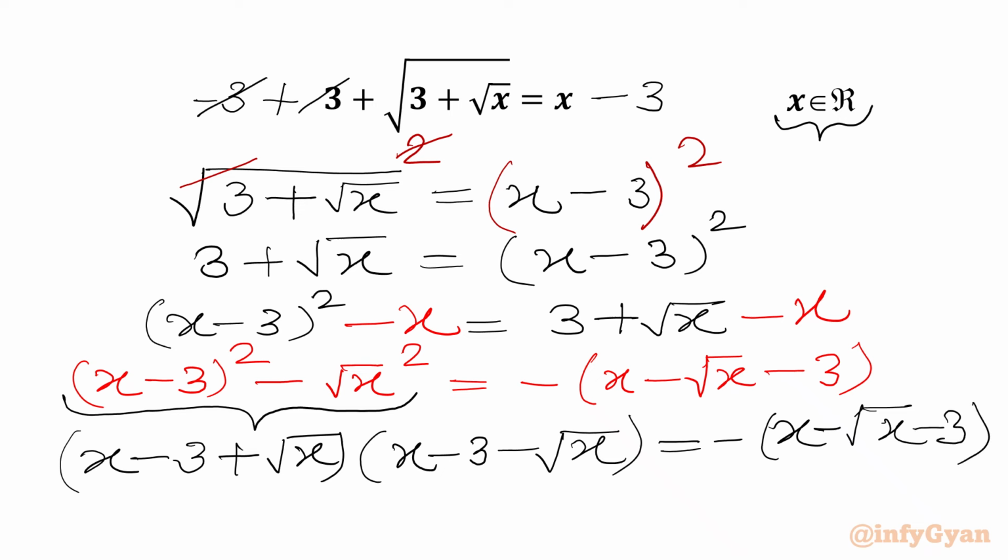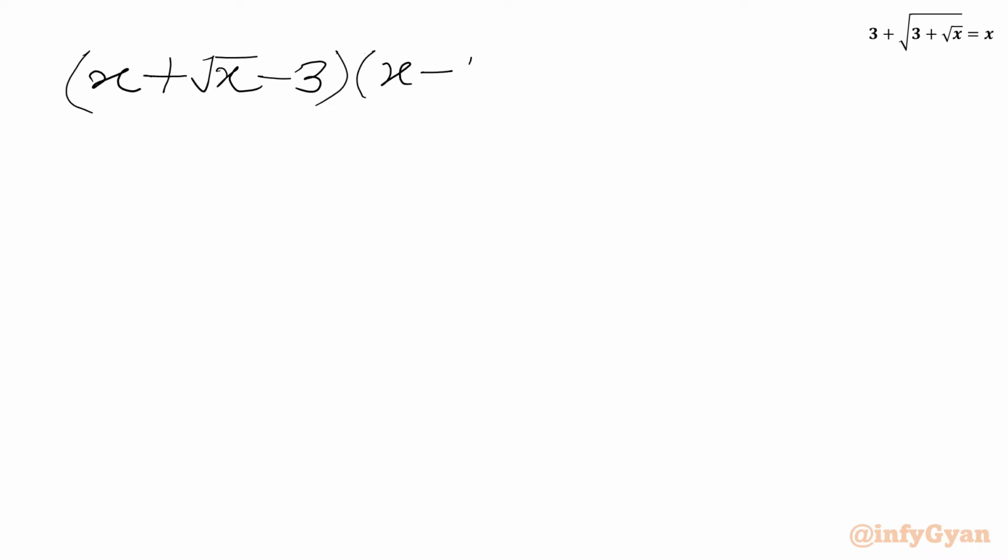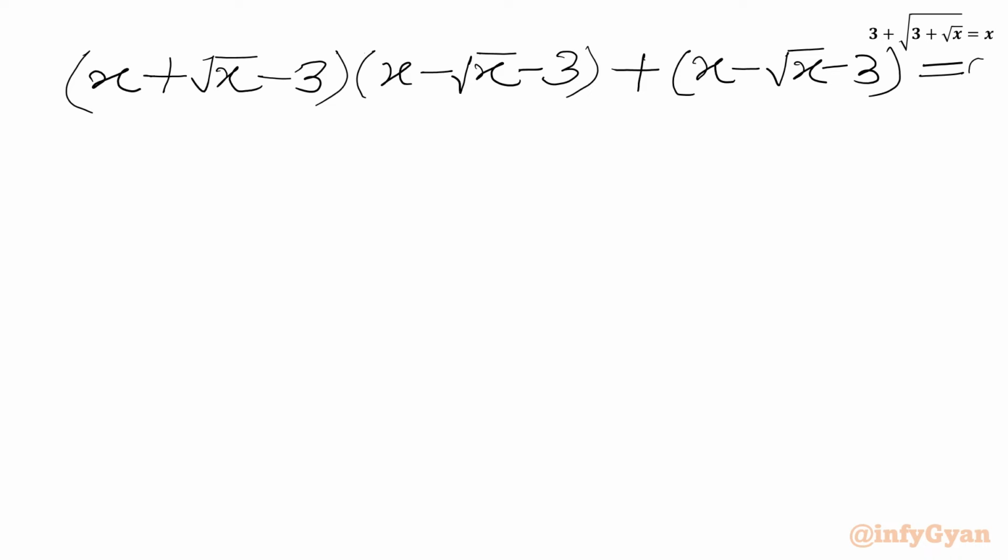Now we will take all the terms to LHS and we will write our equation as x plus root x minus 3, first bracket. Second bracket would be x minus root x minus 3. And once we take RHS to LHS, it will become plus, and in bracket I will write x minus root x minus 3 equal to 0.